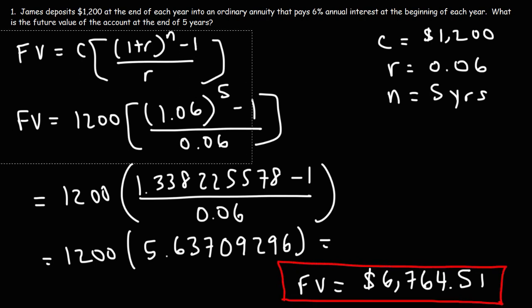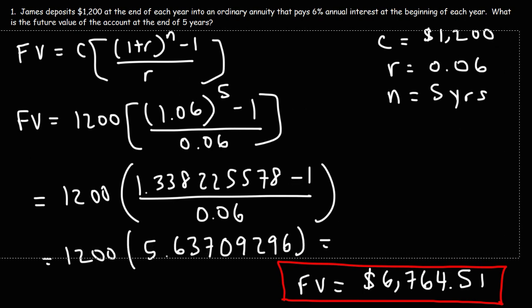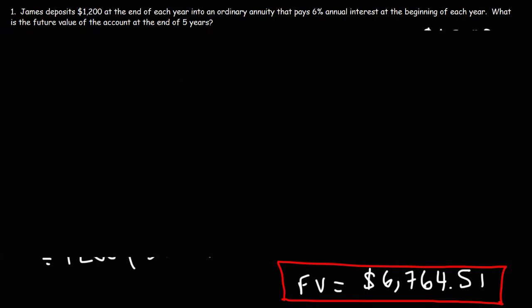Now let me show you another way in which you can get this answer. It's a tedious way of doing it, but it'll help you understand how this answer can be calculated, or the process of getting to the answer. So at the end of the first year, James deposits $1,200.